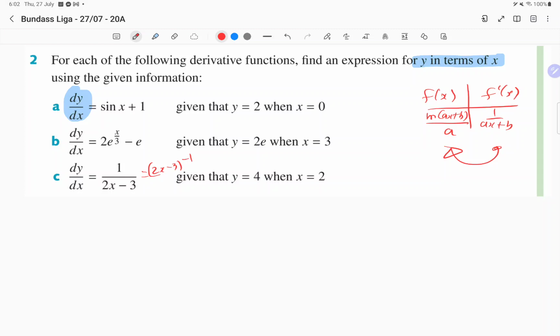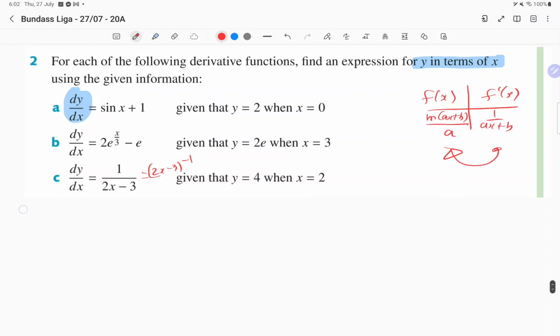All right, I'll slowly start working through each of these questions here. Question A is where I'm going to write out everything fully.